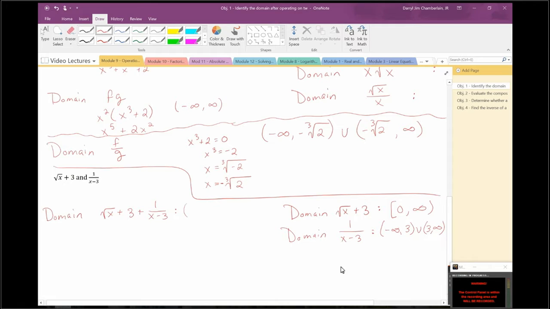So if we plotted this, the domain for the second one was an open circle and then everything else. And the domain for our first function was a closed circle or bracket and everything larger.